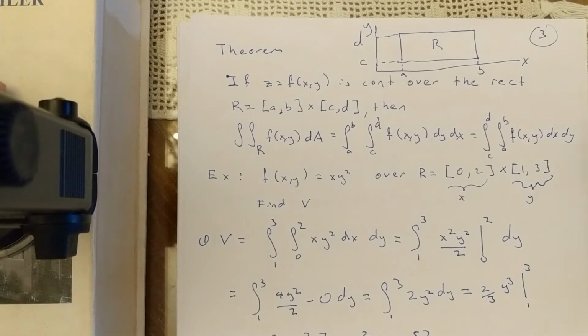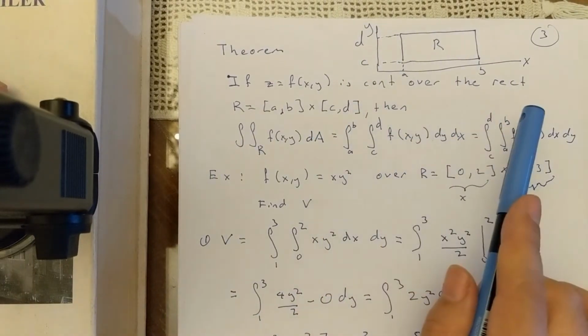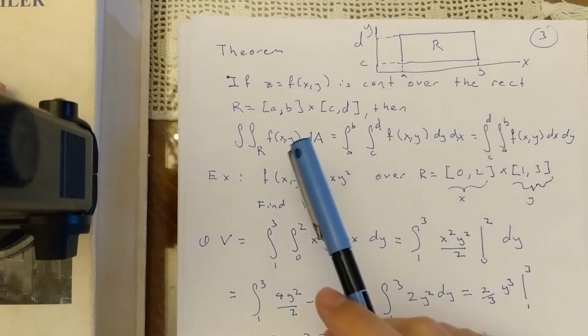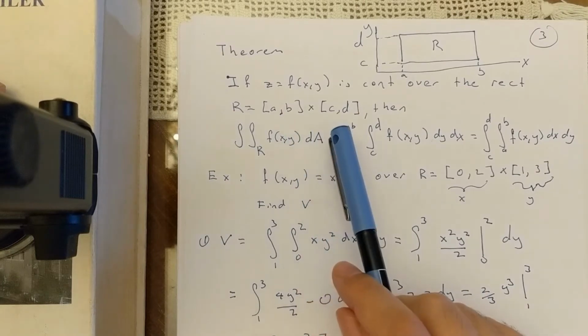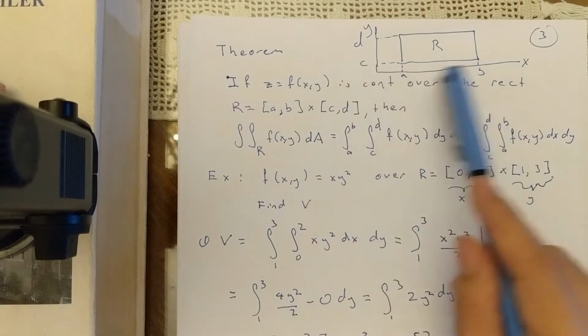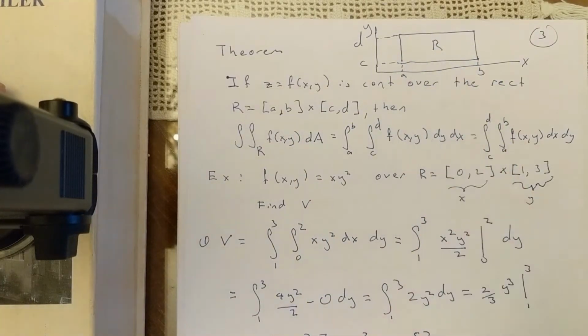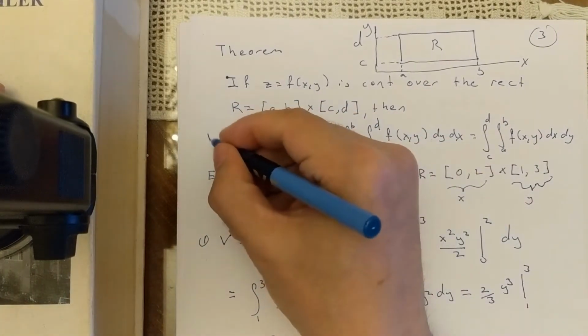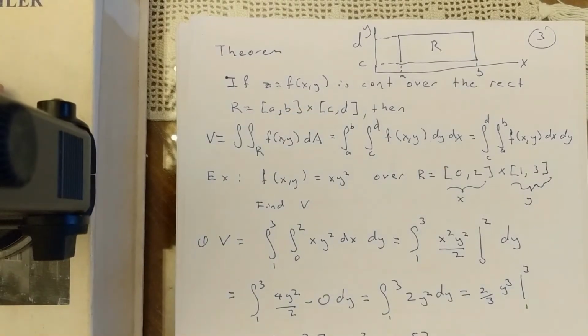Our next theorem says, well, it's not so bad if your function is continuous over this rectangle. Right now, we're only doing rectangles. Let's say the rectangle is [a,b] cross [c,d], so x is from a to b, y is from c to d. Then this volume was equal to this.